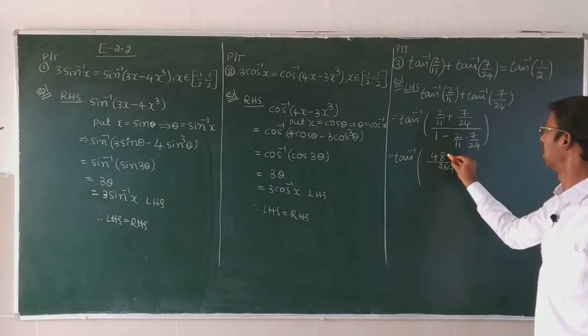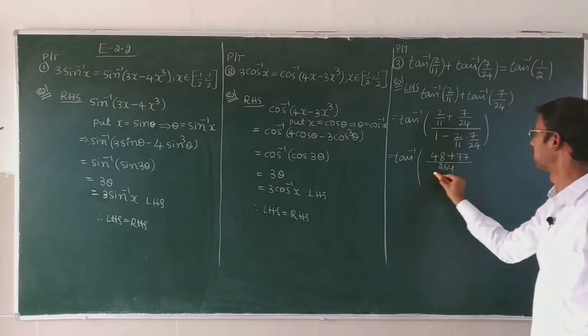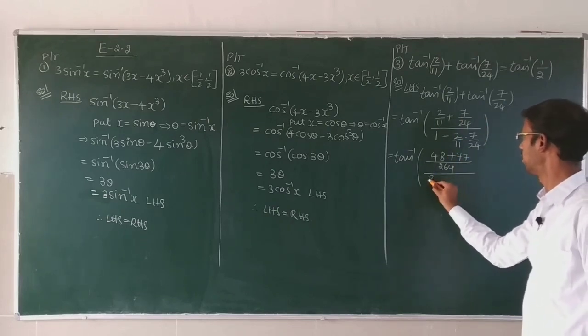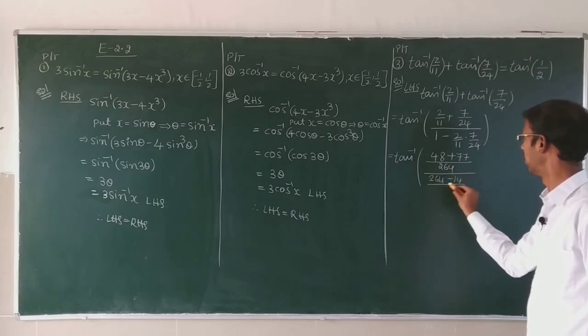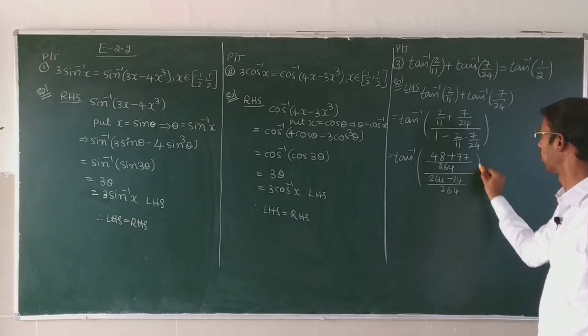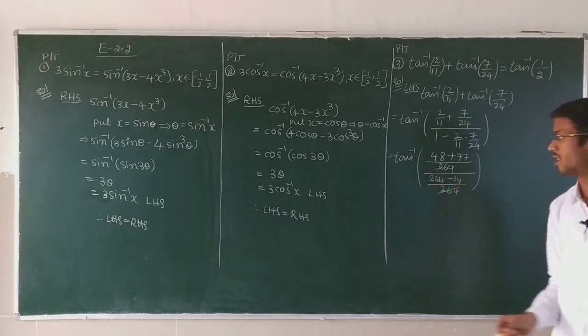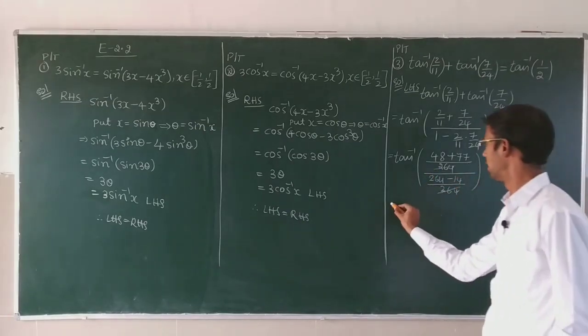Cross multiply: 48 plus 77 divided by 264 minus 14 divided by 264. 264 gets cancelled.